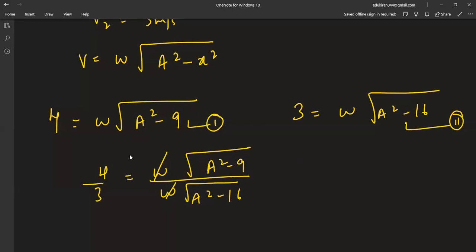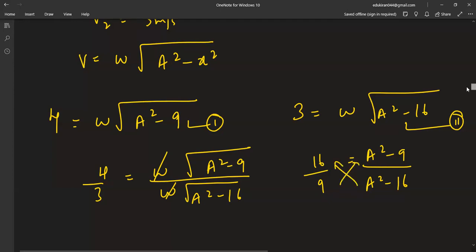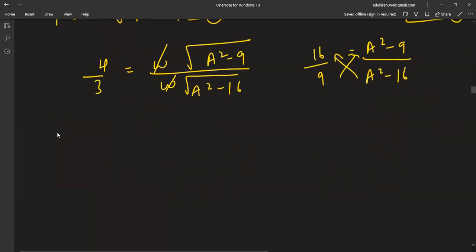What are we left with? Okay, let's square this. So this becomes 16 by 9 is equal to a square minus 9 divided by a square minus 16. Right. So let's cross multiply then. If we cross multiply, this becomes 16a square minus 256 is equal to 9a square minus 81.